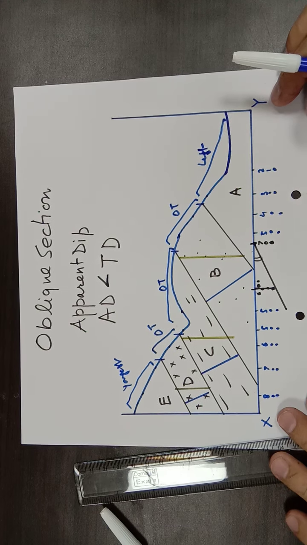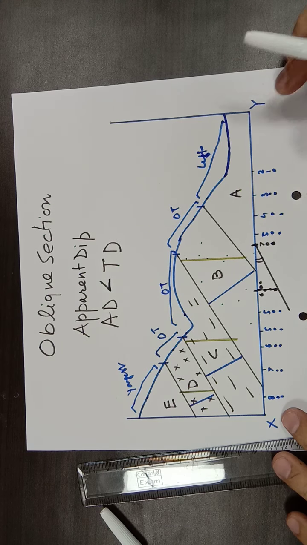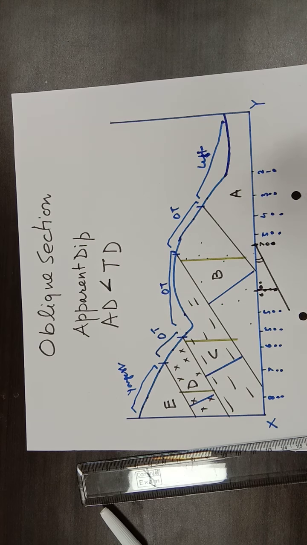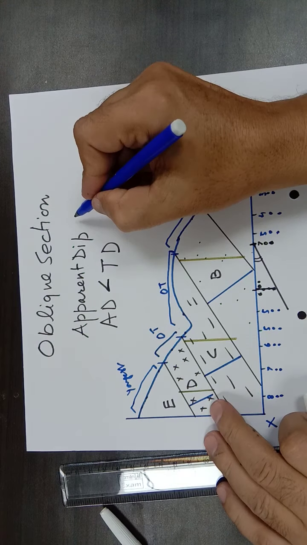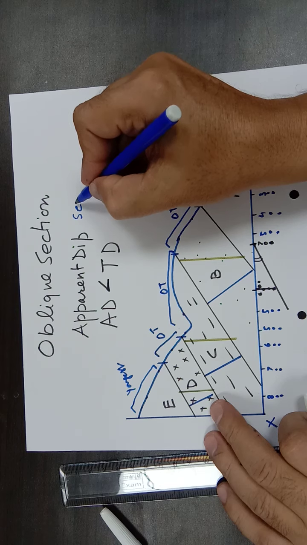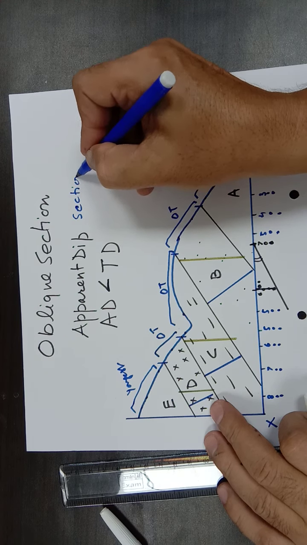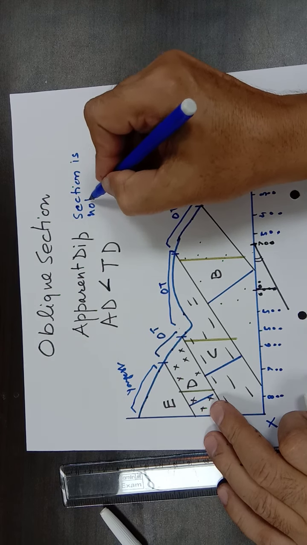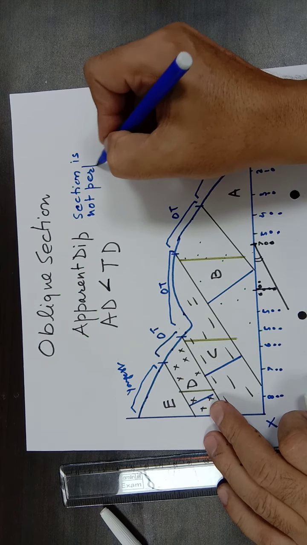So now once you change the section, that means your profile will change and also the distribution of rocks will change. So this was a section which has given you apparent dip because the section is not perpendicular to the strike line.